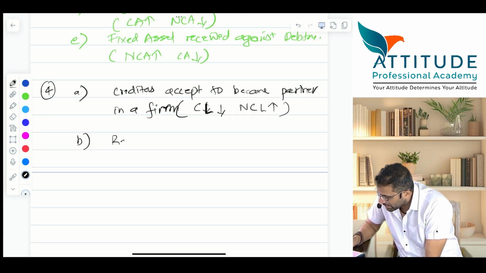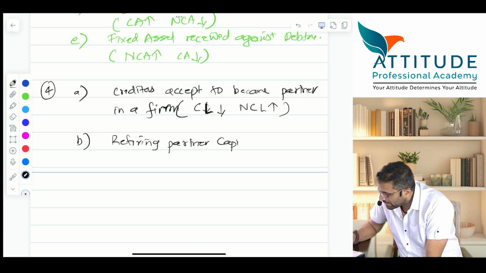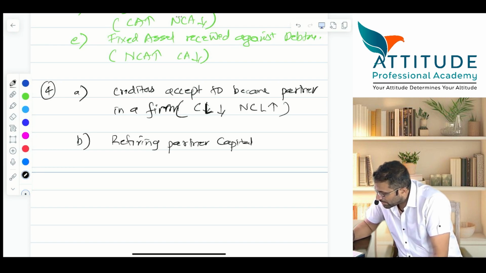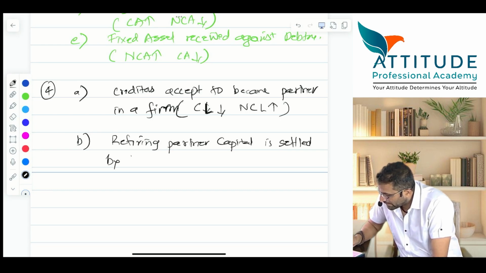retiring partner capital. Retiring partner capital is settled by treating it as a short term loan. Correct?